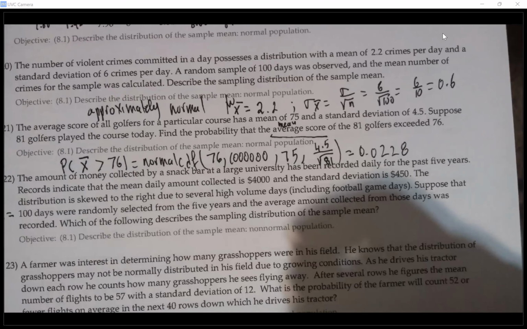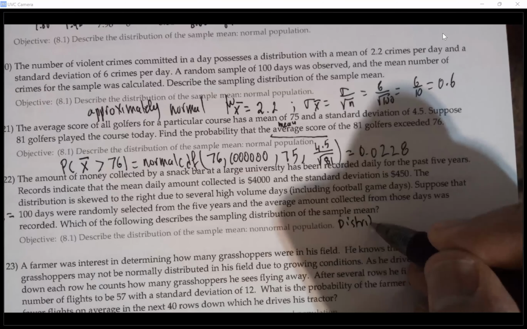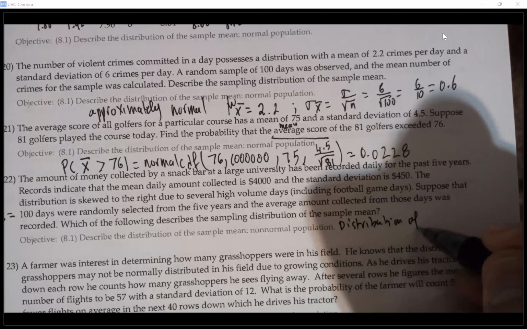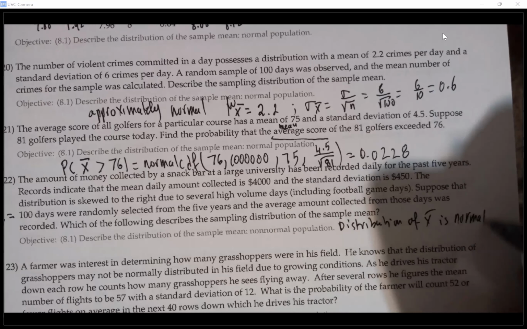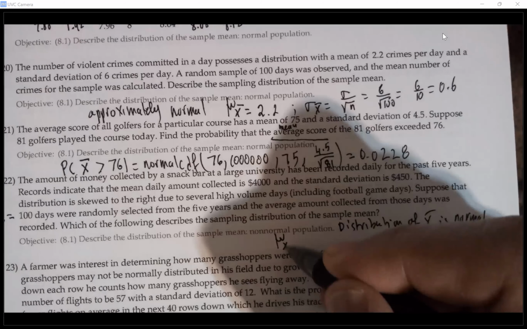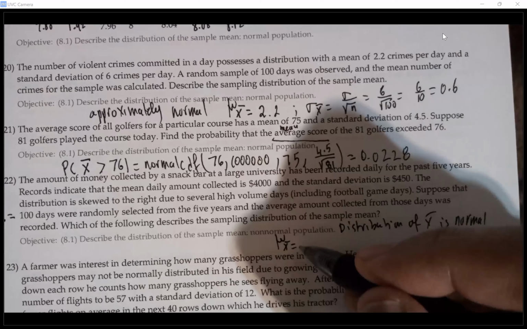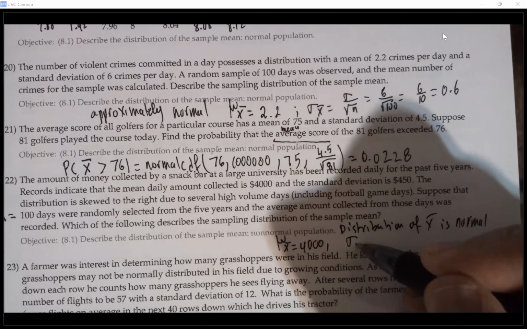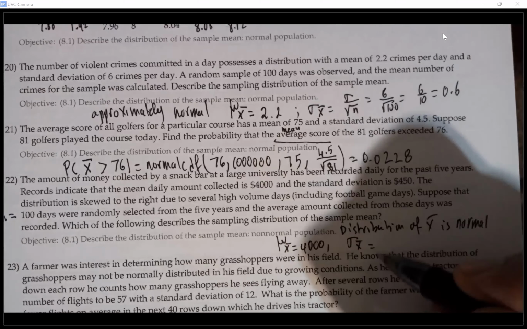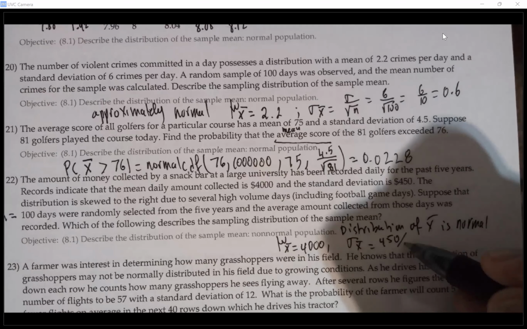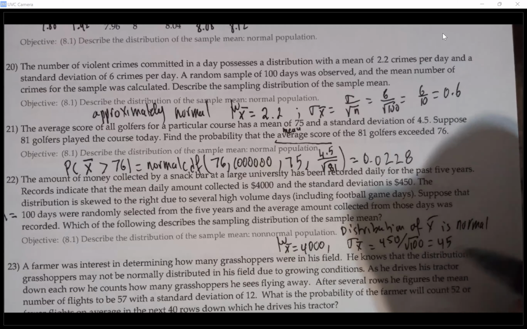So the distribution of X bar is normal, symmetric. And what's the mean? The mean of X bar will be the same as the original mean, which is 4,000. But the standard deviation, guys, is going to be 450 divided by square root of 100, which is 45.